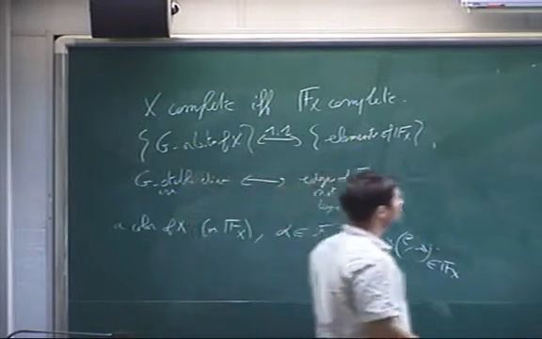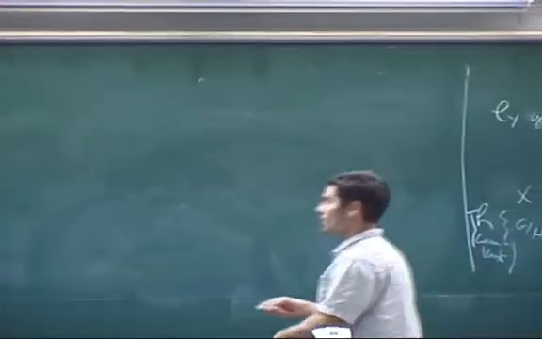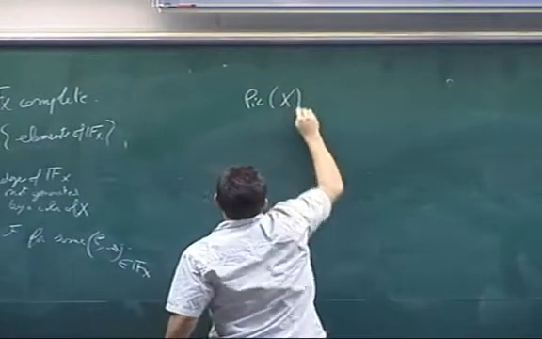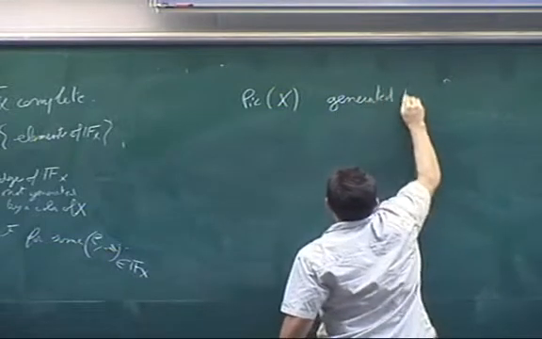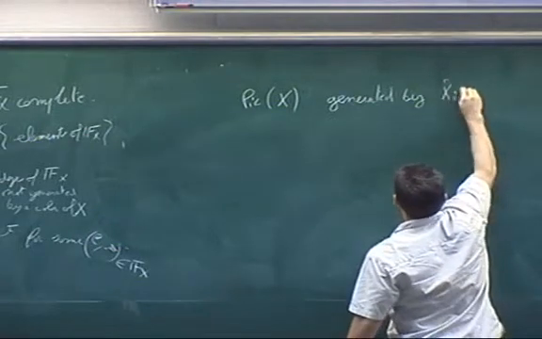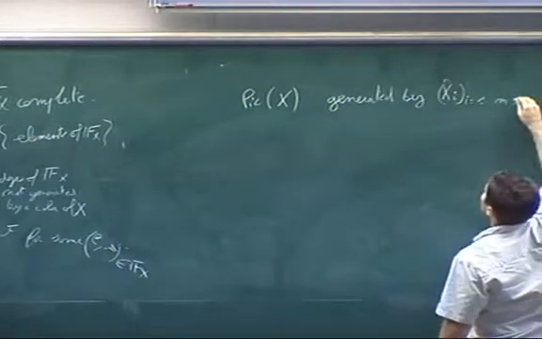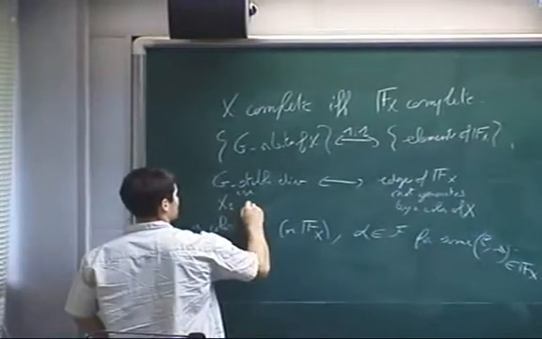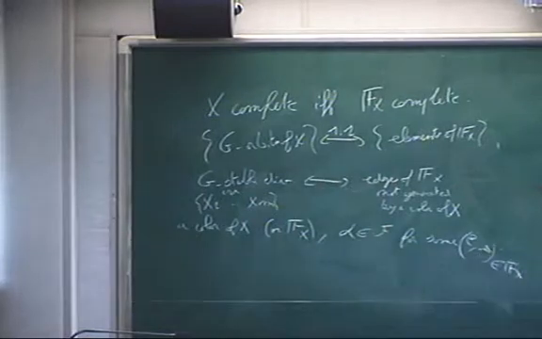As for toric varieties, we have a description of the Picard group of X. We can say that it's generated by the Xi for i equals 1 to m, the G-stable irreducible divisors, and also the colors.